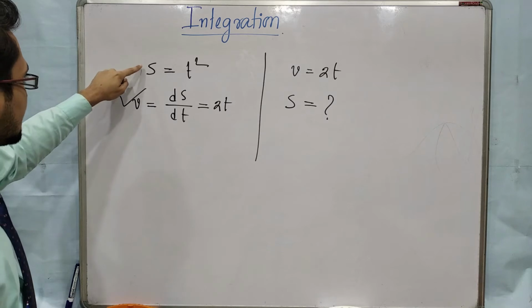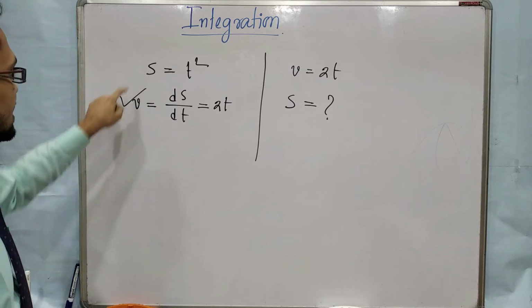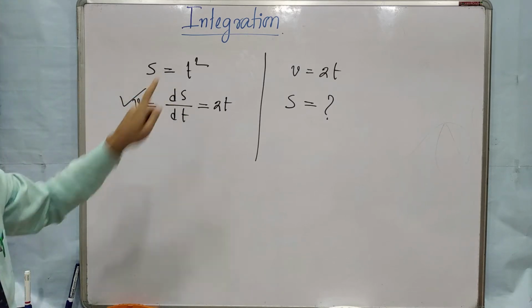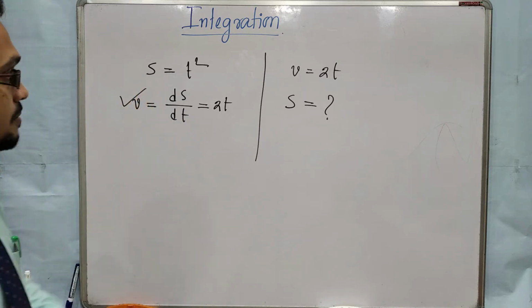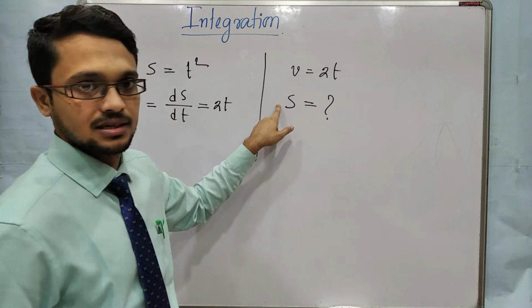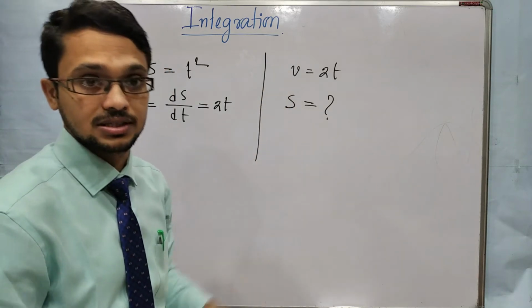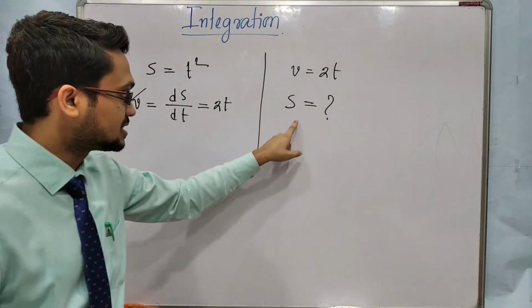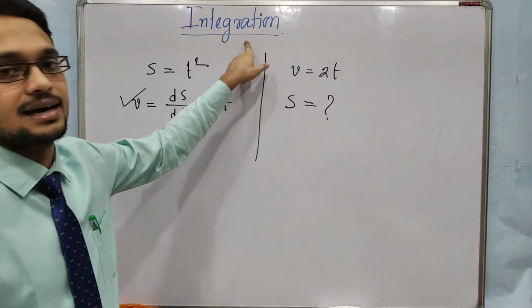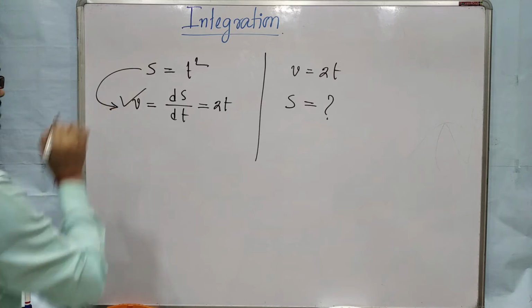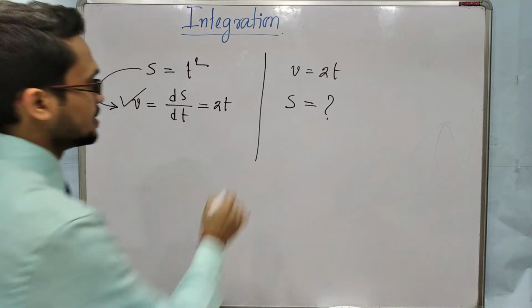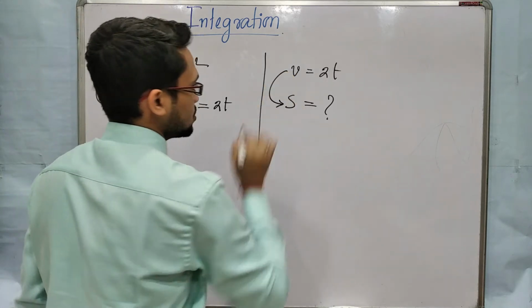We know S to V conversion means derivative, and V to acceleration conversion also means derivative. But V to S, how will you do this? For this type of question we have to understand integration. This conversion we know using derivative, but this conversion we don't know.